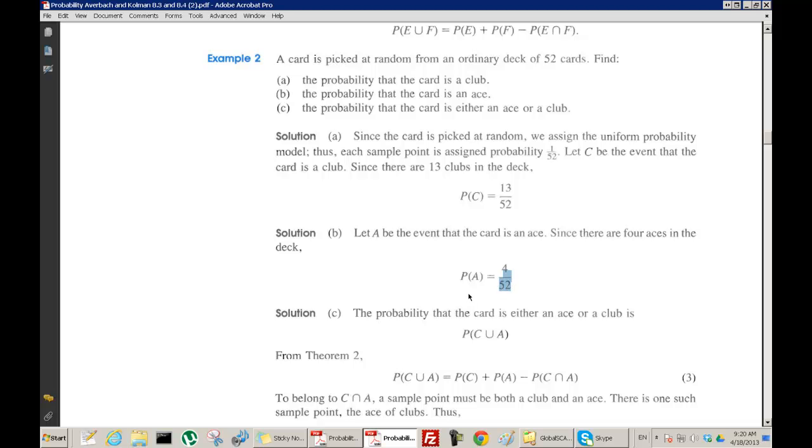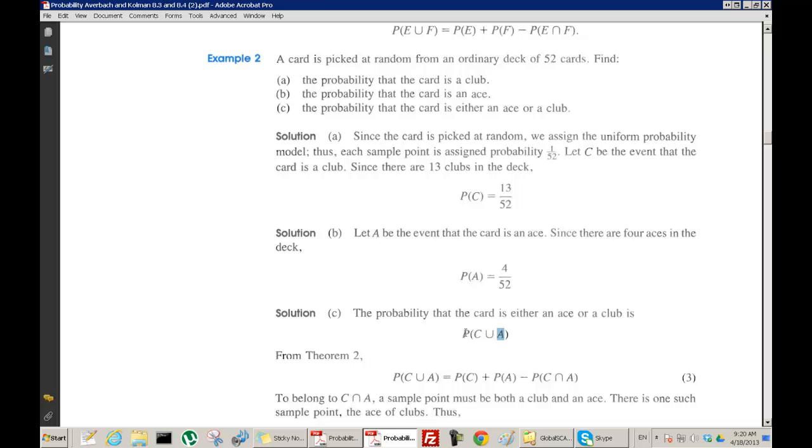Okay, now the probability that the card is either an ace or a club. How do we interpret the word or? We use union. So either an ace or a club means either a club or an ace, with union in the middle.